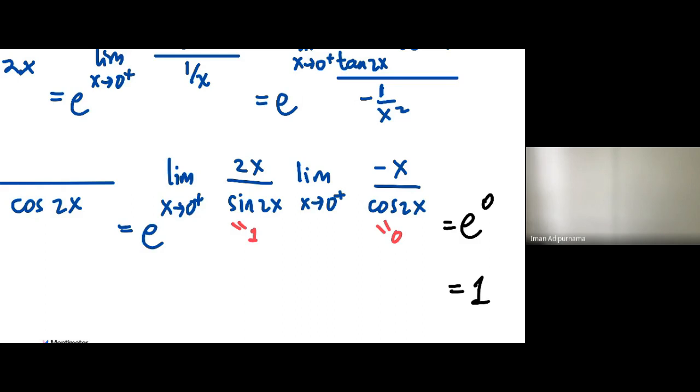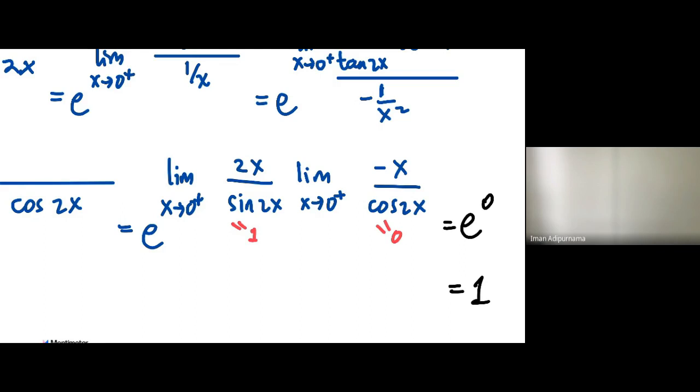This is very basic, and we need this limit to prove our derivative of trigonometry. So this is equal to 1, and this is equal to 0, right? And because of 1 and 0, it's 0. So eventually you will get e with the power of 0. It's 1.